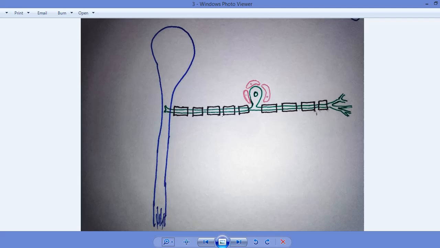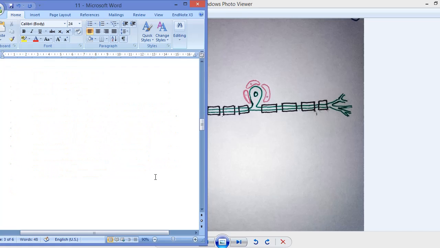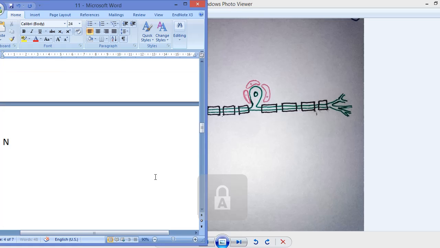So in the peripheral nervous system, I'm going to discuss in detail the neuroglia. Neuroglia are also called glial cells.